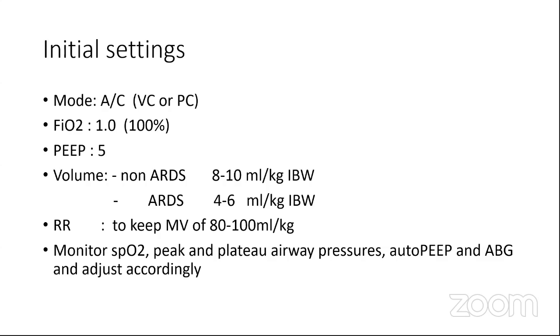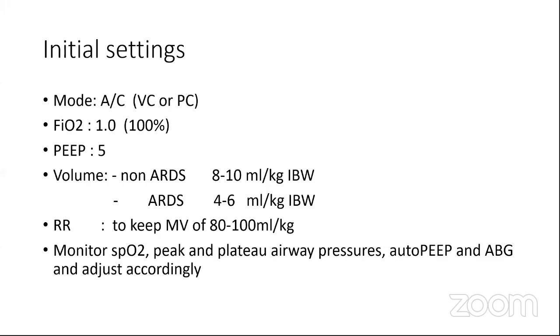So if the patient has ARDS, you start at lower volumes. And remember that the volume is a major determinant of the CO2. So if you choose to start with low volumes because you think the patient has ARDS, then you will probably have to start with higher respiratory rate to compensate for the minute ventilation.